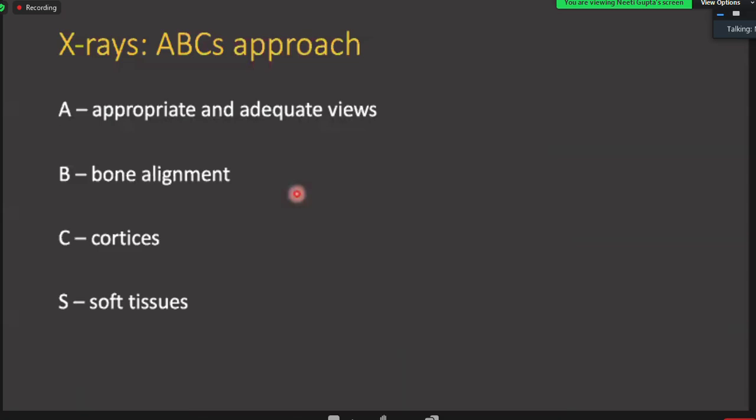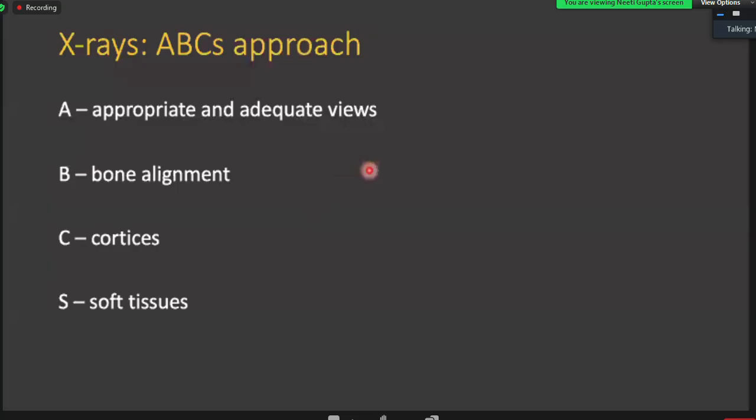Now, while evaluating any radiograph, it might be helpful to follow a certain approach, such as the ABCS approach, which I usually follow, in which I check if we have all the appropriate and adequate views. By appropriate views, I mean that the part that is painful should be covered adequately, and adequate views, as in we have at least two orthogonal planes of the long bone.